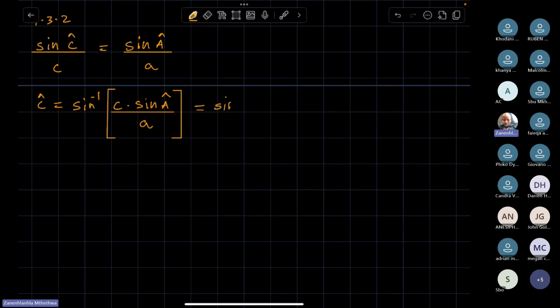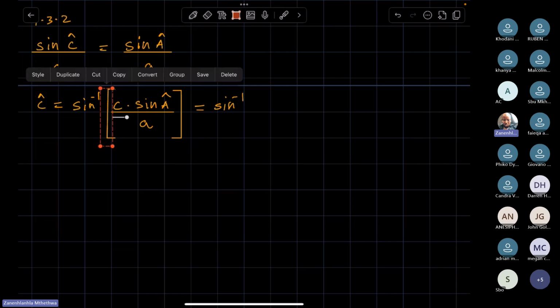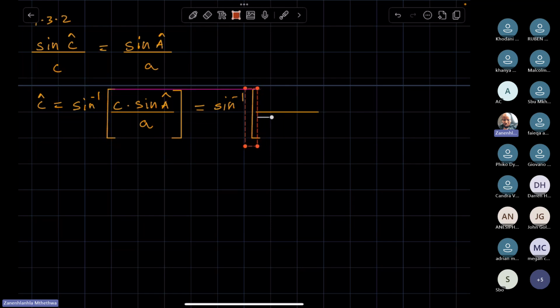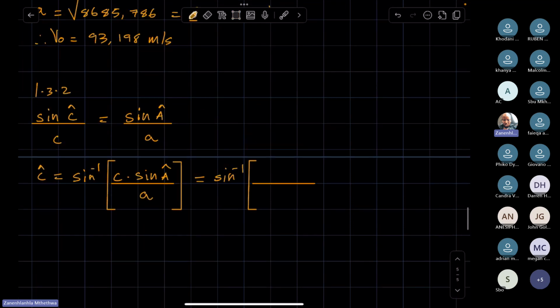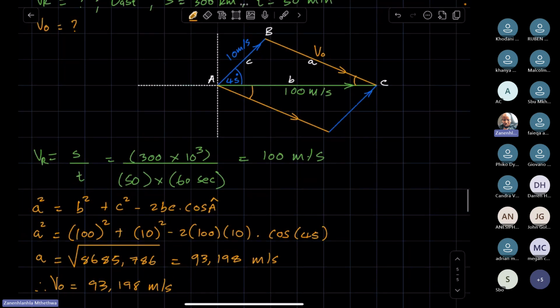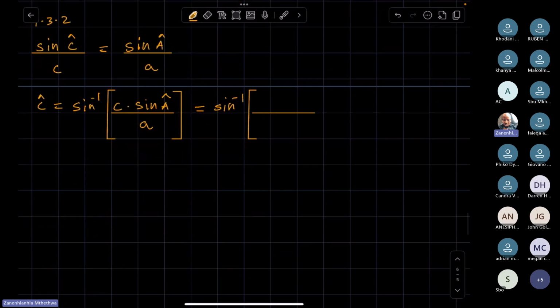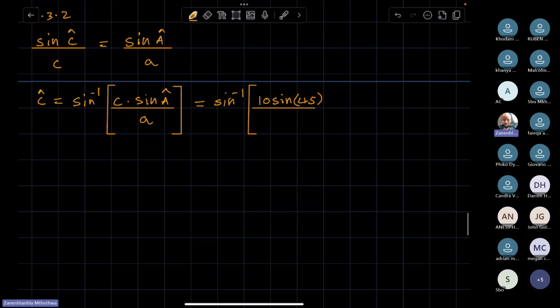So this is arc sine of 10 sine 45, since side C is equal to 10, divided by side A, which we just calculated and got 93.198.